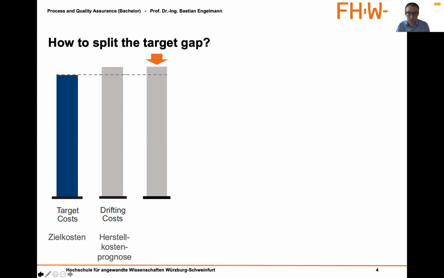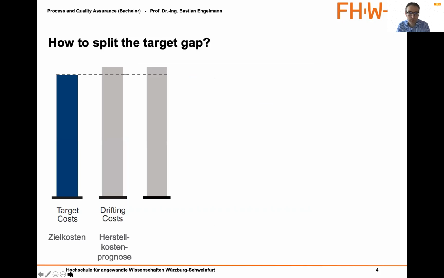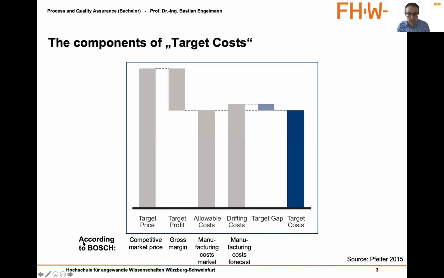It's not like we see here. It's of course a sum of costs of the components or functions, but our real work is then to work here inside of the functions and components. That's the idea behind target costing. I also put on the slide here before terms according to Bosch.